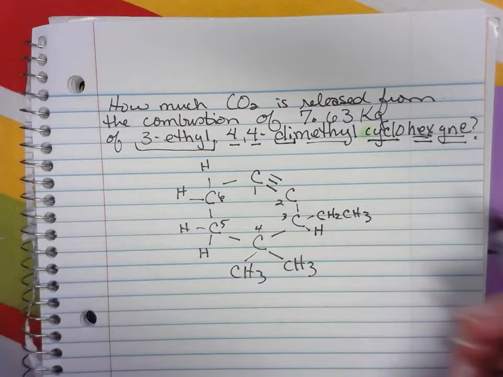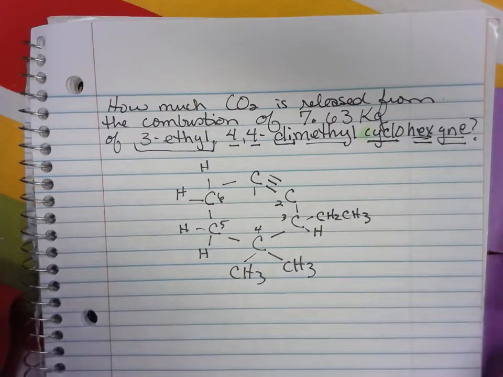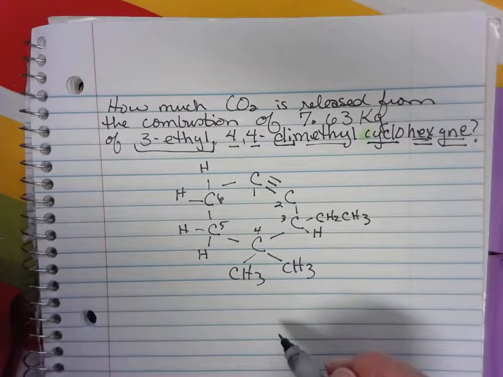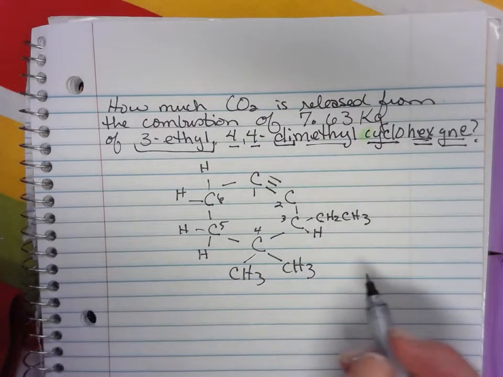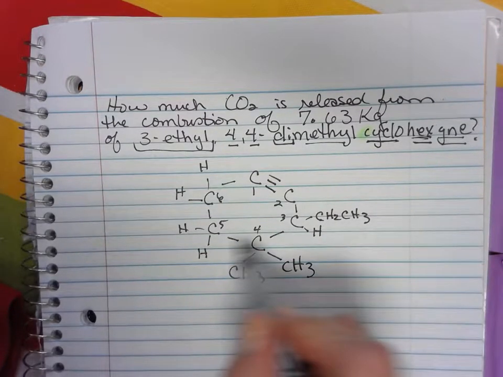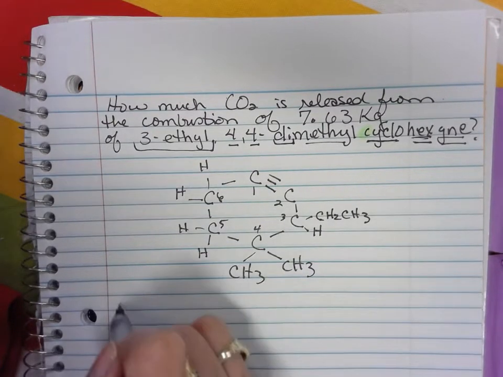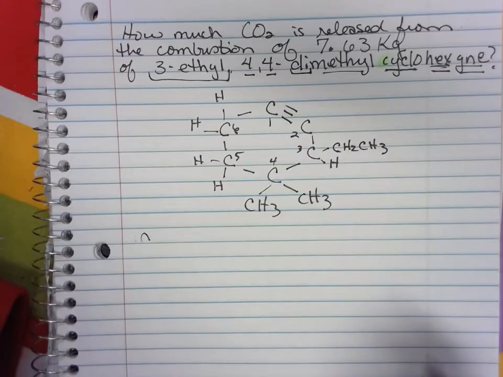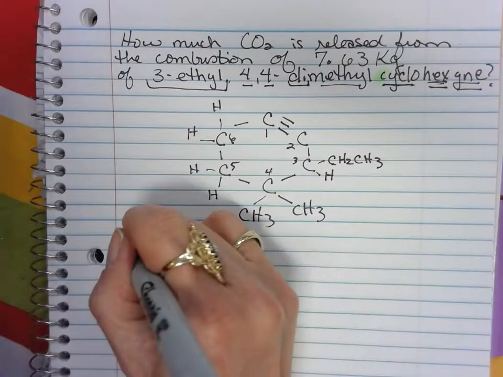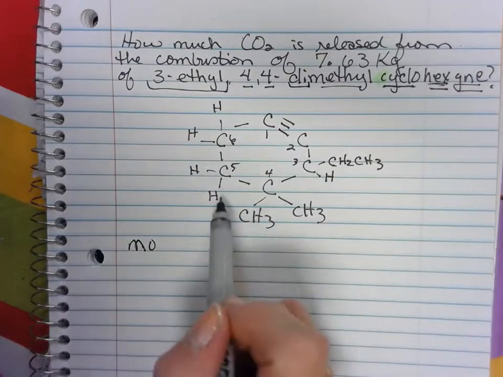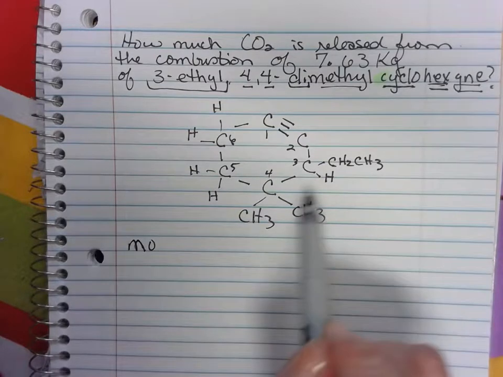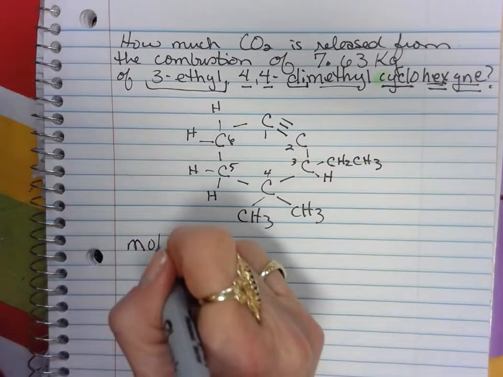Now the next thing we have to do in order to do this problem is set up our combustion equation. And in order to do that, I need to know the molecular formula. So the molecular formula, I have to just count everything up, and this is where getting all the correct number of carbons will make a big difference.